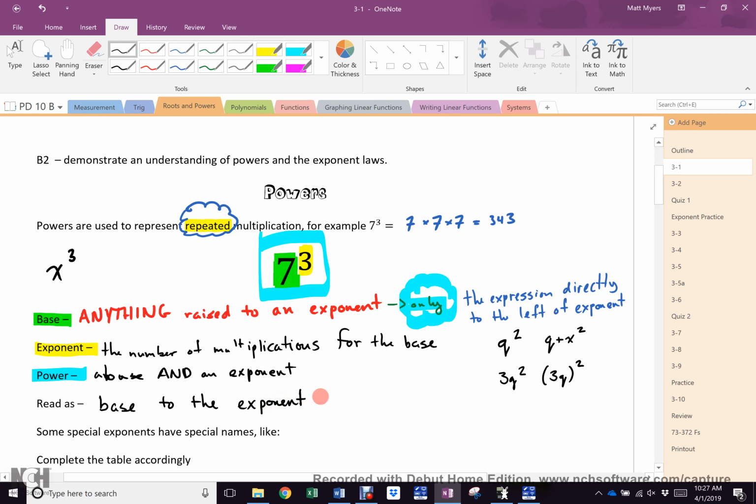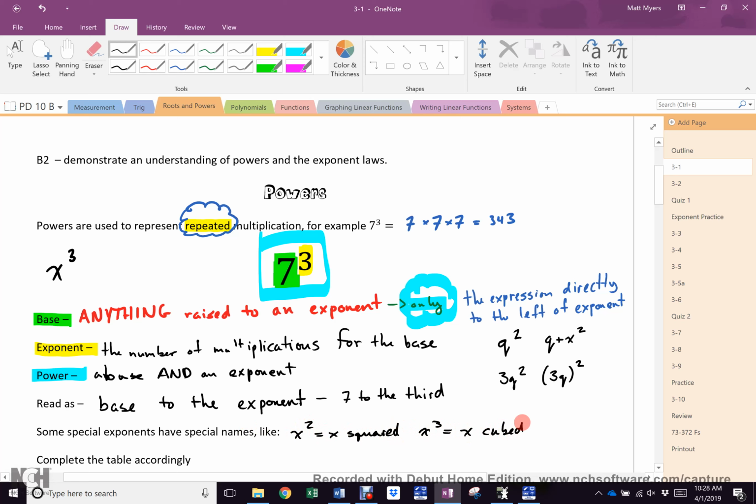So this guy would be 7 to the third. Some exponents have special names. What are the only two that have special names? Squared, x to the second is x squared, and x to the third is x cubed. After that, we just use the number.